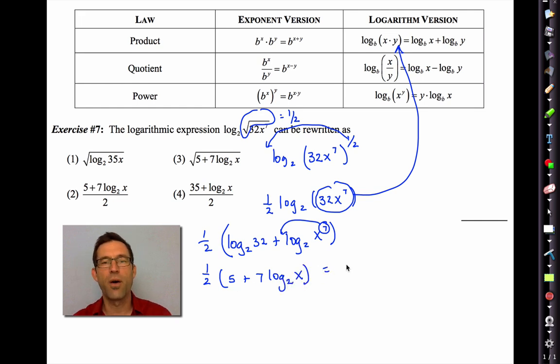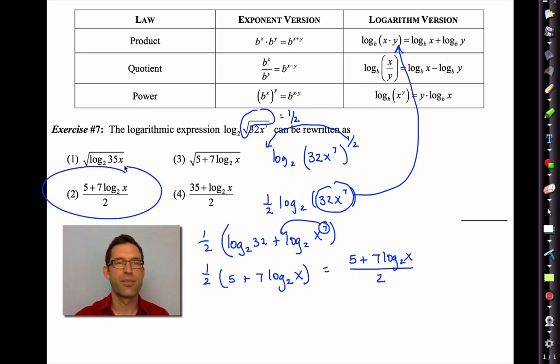Now, of course, multiplying all of this by 1/2 is exactly the same as dividing by 2. So I get this as my final answer. Choice 2. And I even ventured into the black. Whee! The black margins. All right, so pause the video now and write down anything you need to.